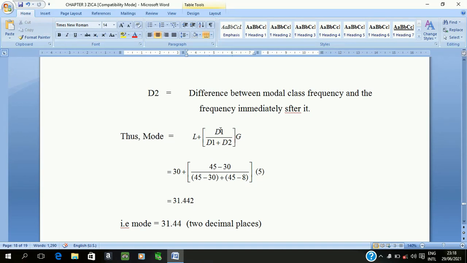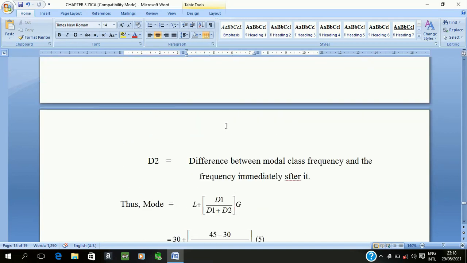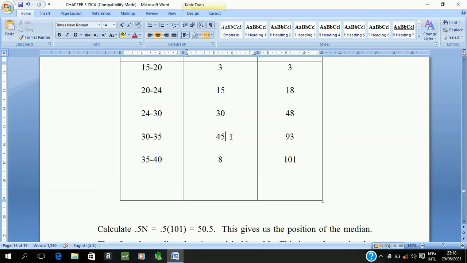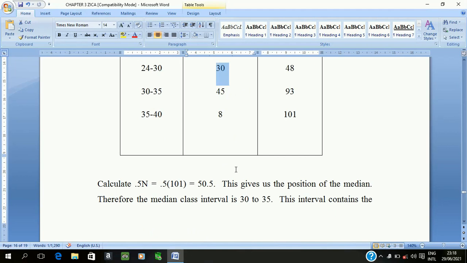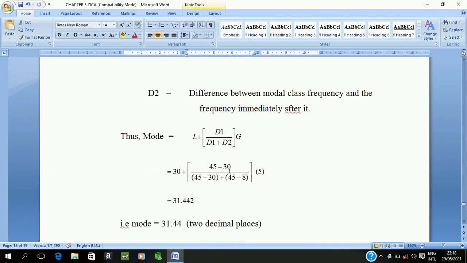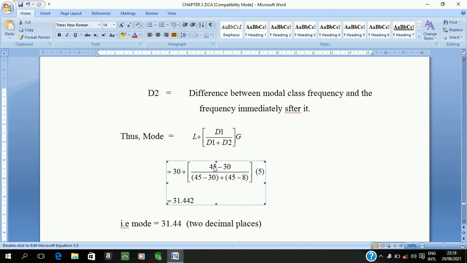Now let's get D1 and D2. D1, we said, is the difference between the modal class frequency and the frequency immediately before it. So we have the modal class frequency 45, and the frequency immediately before it is 30. So that's why we have 45 minus 30 here. Then in the denominator we have D1, which is 45 minus 30, plus D2.